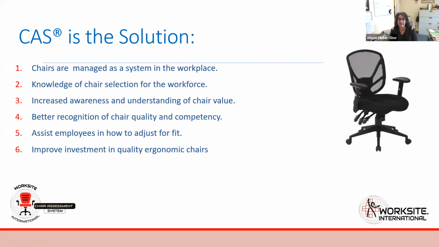It's actual evidence that you can present to management and your leadership to show that your chairs are failing, that the chairs need to be repaired, that you need more resources around your chair systems. It'll assist employees in how to adjust for fit. So while you're assessing the chair for quality and competency, you can actually train the employee on how to adjust the chair. And it'll improve the investment in the quality of your ergonomic chairs, okay?